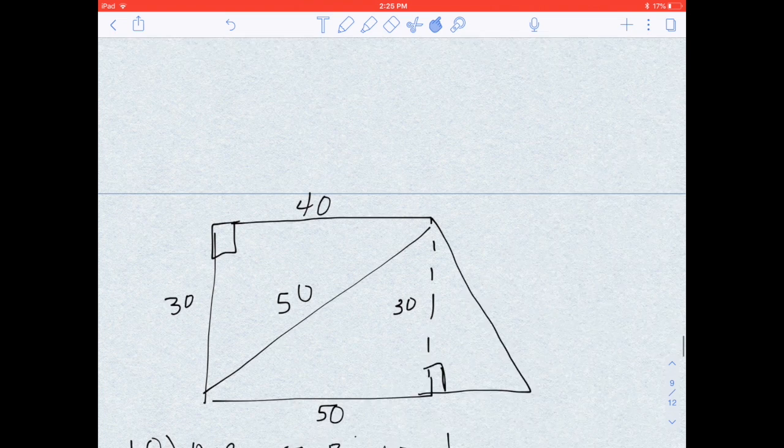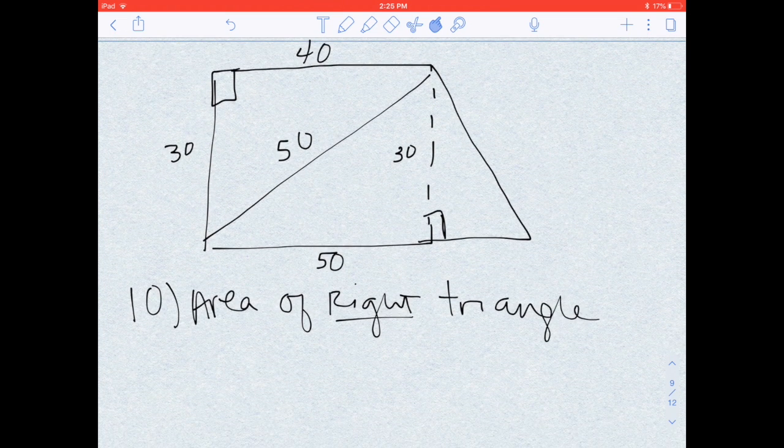So for number 10, 11, I look at the image and use that as my way to solve. So number 10 asked, what is the area of my right triangle? So remember, this little box here tells us it's a right triangle. So this is the part of my figure that I'm trying to find the area of.